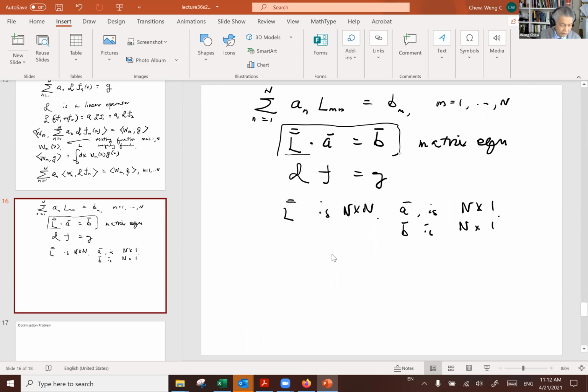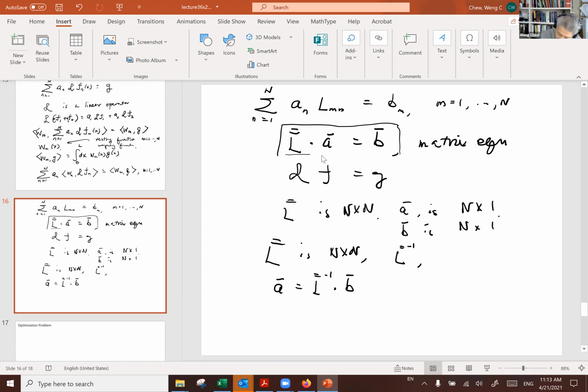And if you were to solve this equation, there are many, many routines that have been developed over decades of work. If L is n by n, you can find L inverse, and once you find L inverse, you can say that A is L inverse dot B. However, the cost of finding L inverse is expensive.